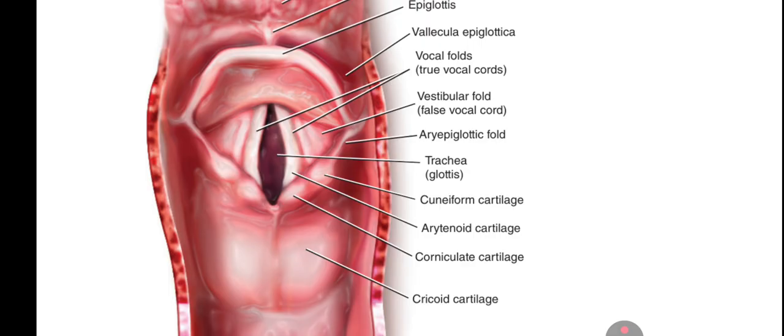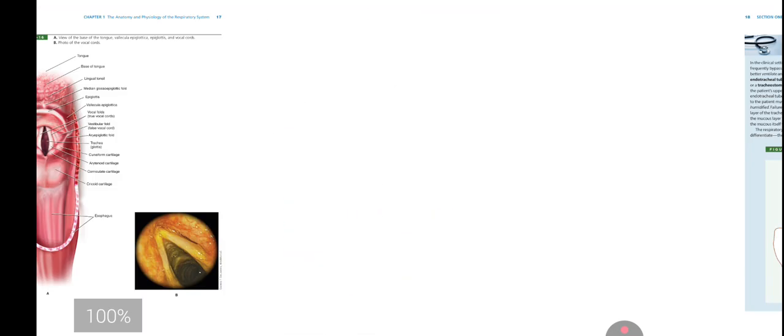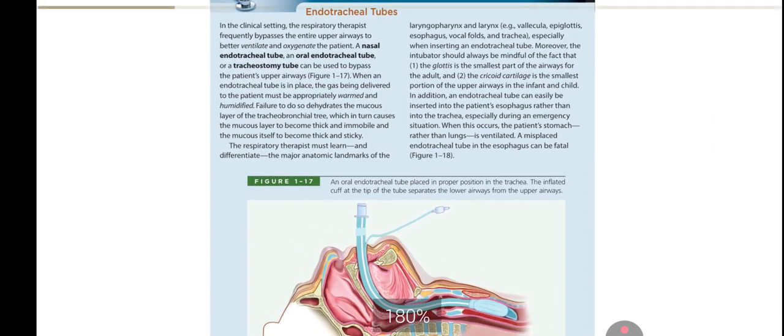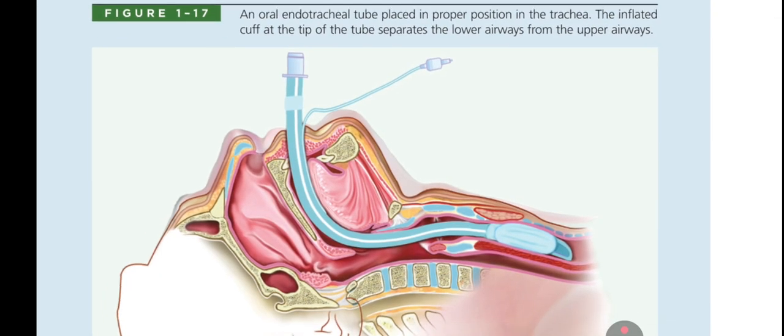Around it, we have the epiglottis, the arytenoid, the corniculate, the cricoid, then inside is our trachea, or the glottis. So here we have our endotracheal tube, the ETT.